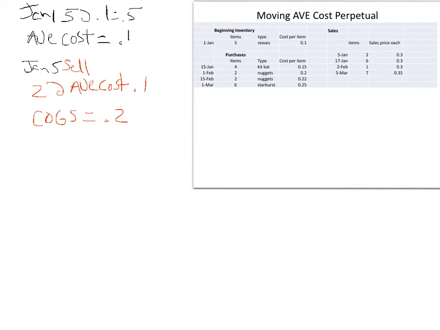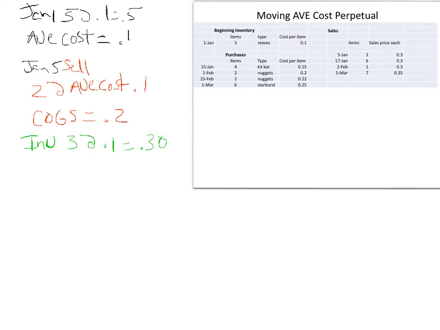Okay? So I'm going to change the color of my pen again. Let's do green. And then our inventory following that sale is 3 at 0.1 or 30 cents. Okay?